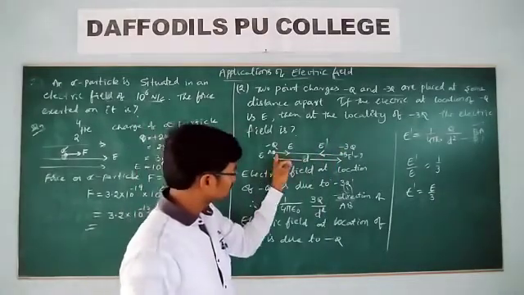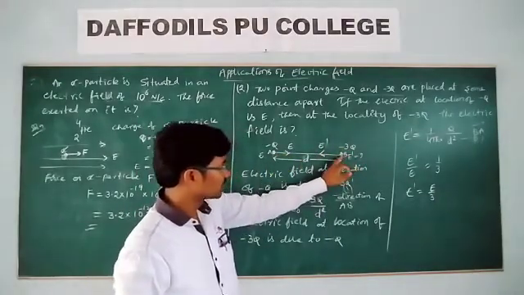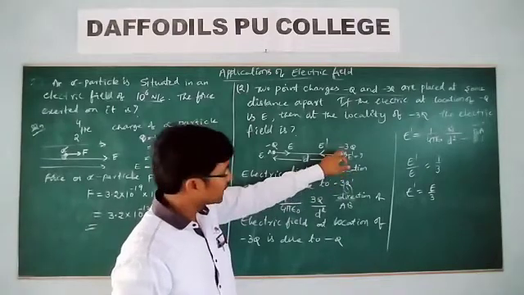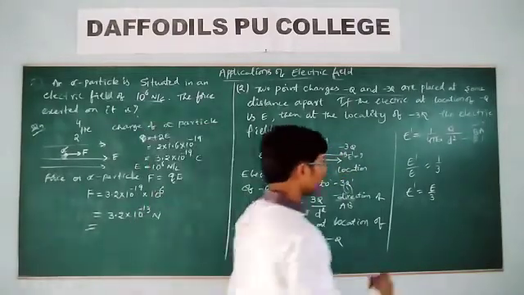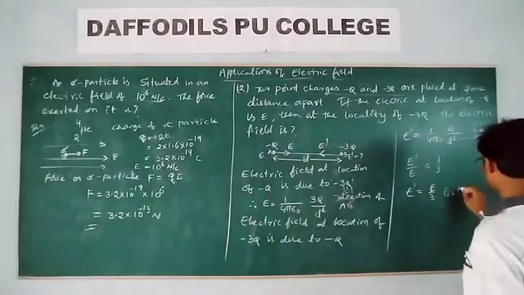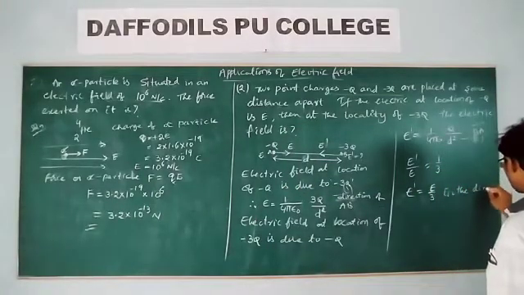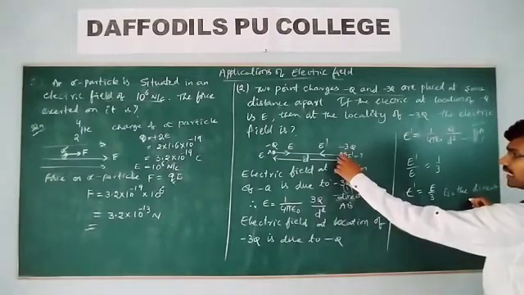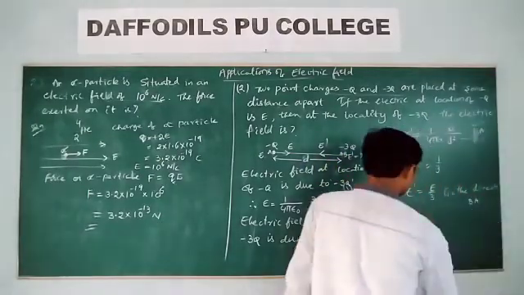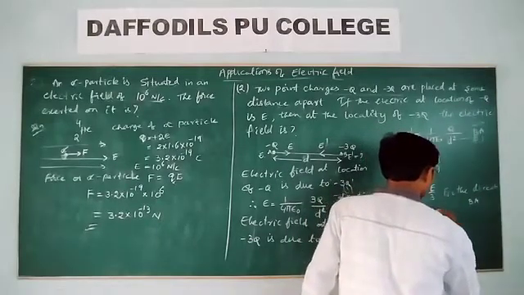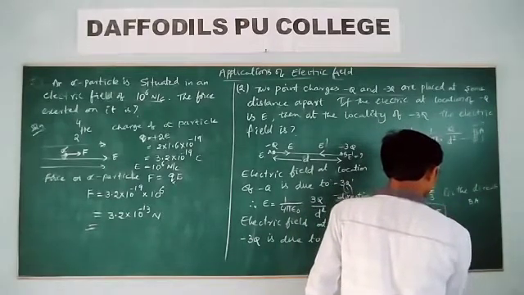Okay. The direction of E is in the direction of AB. The direction of E dash means what? At this point, due to the minus q charge, E dash is in the direction of BA. That is, E dash is equal to minus E by 3.